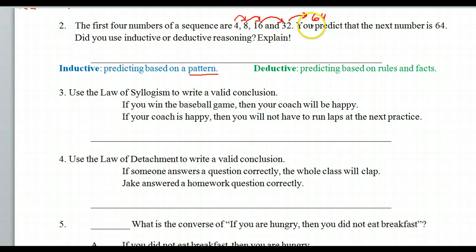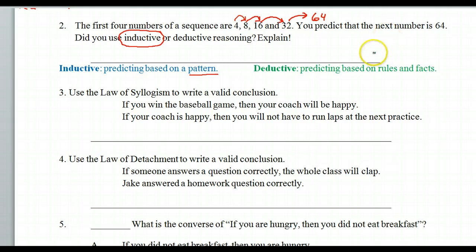We would predict it would double again. But there's no law that says the next number has to be 64. The next number could be anything. But using inductive reasoning, by observing this pattern, we would predict that the next number is 64. All right, but that is inductive reasoning.